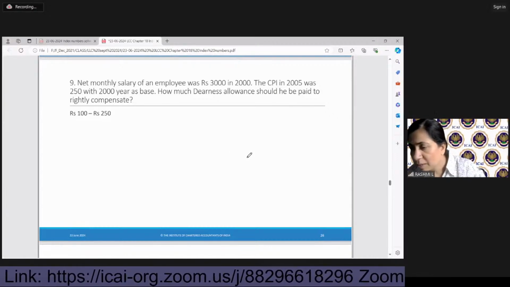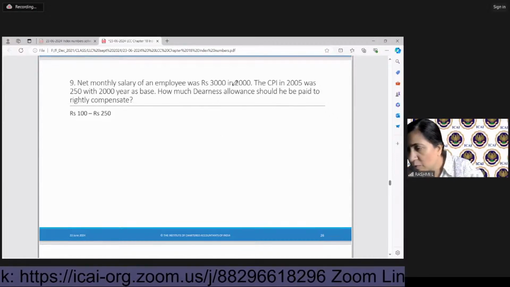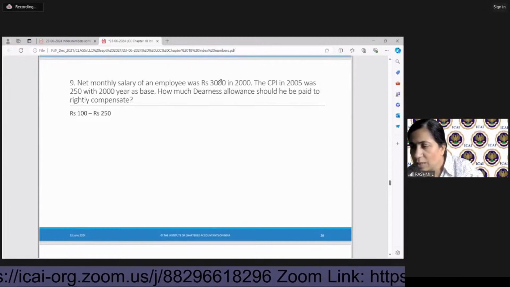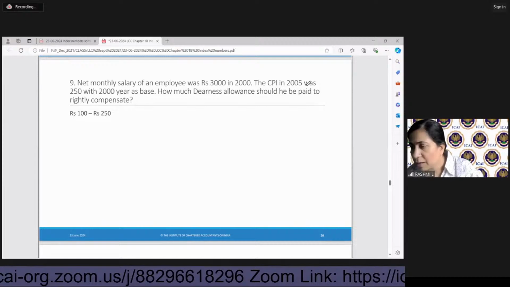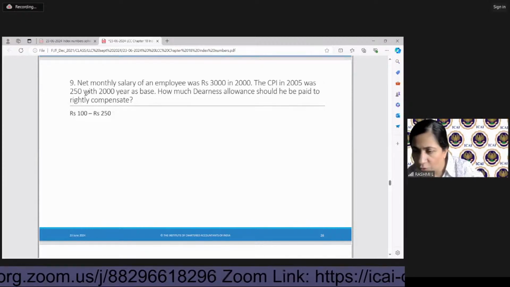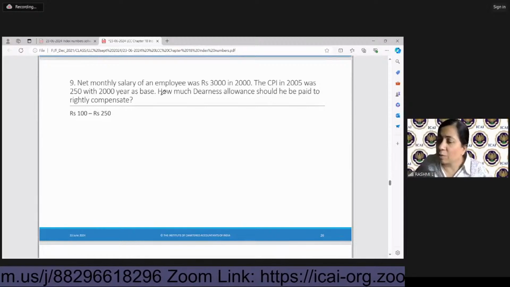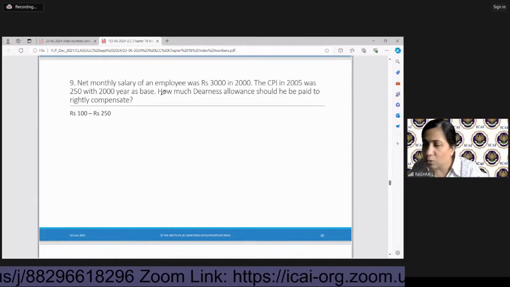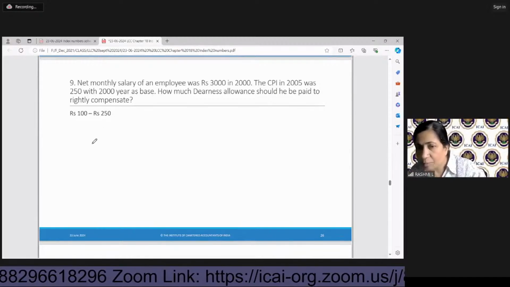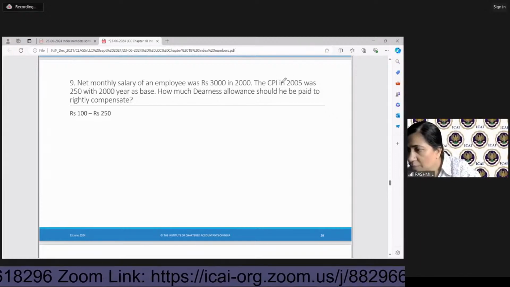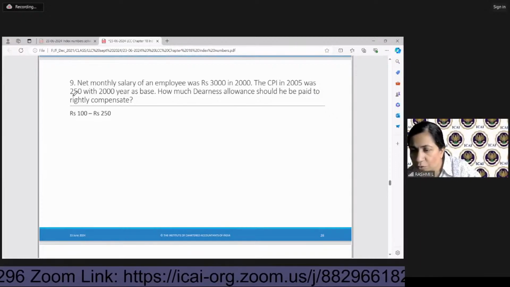So what happens here is the net salary of an employee was 3,000 in the year 2000. The CPI in 2005 was 250 with 2000 as the base year. How much dearness allowance should be paid to him to rightly compensate? The CPI in 2005 was 250.